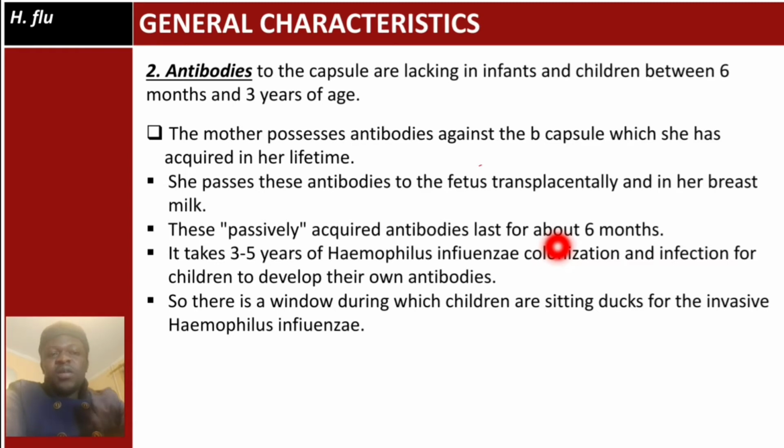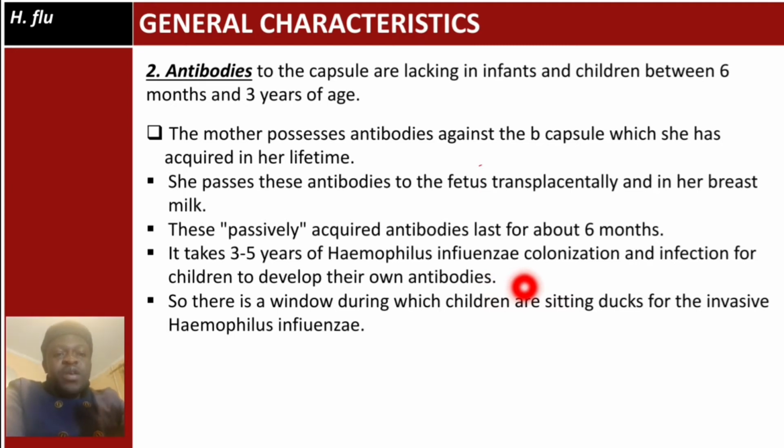So after birth, 6 months. It takes about 3 to 5 years of Haemophilus influenzae colonization and infection for the children to develop their own antibodies, right?